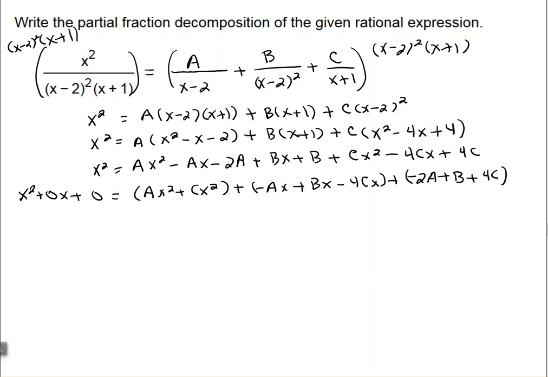Okay, so as you can see, we are going to have three equations for this system. So we have the ax squared plus the cx squared, and on my left-hand side, we have 1x squared. So a plus c equals 1 would be my first equation.